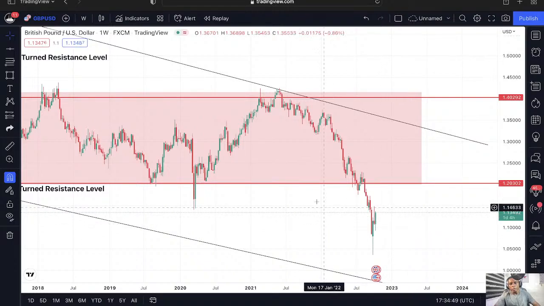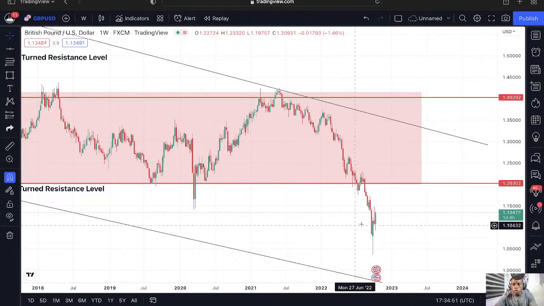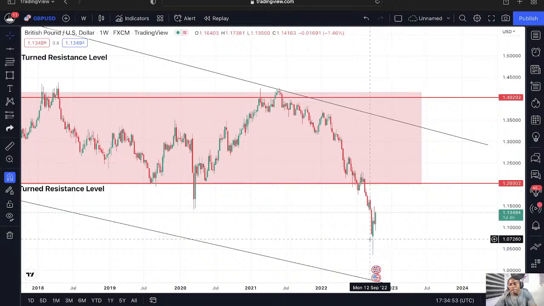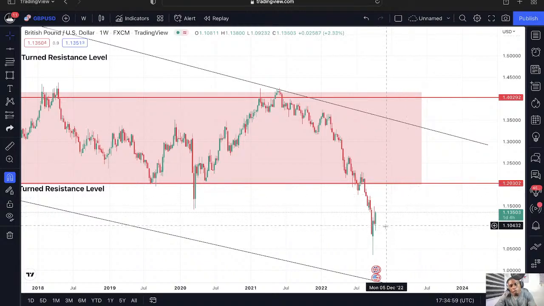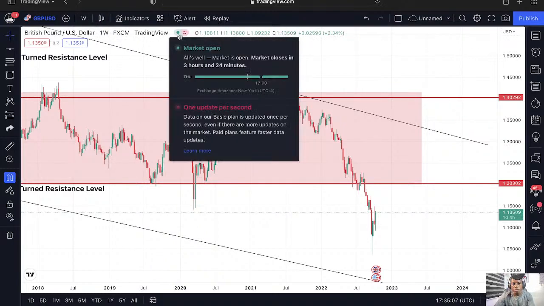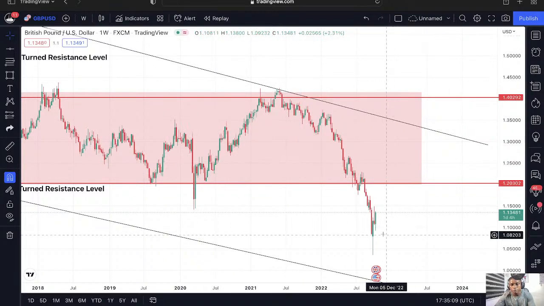We want to know if there would be a possibility of an uptrend, upward bullish momentum, or bearish momentum. I'm on the weekly time frame.